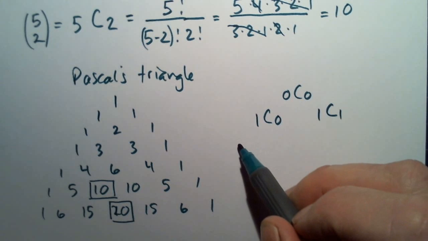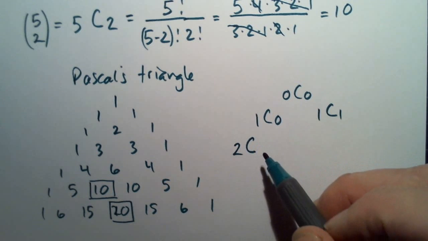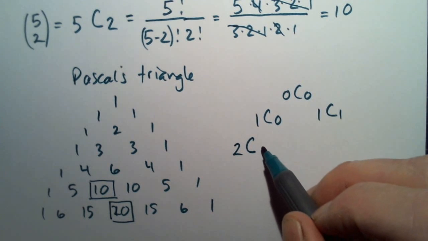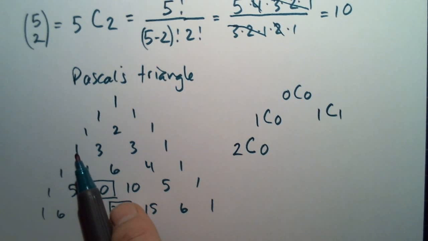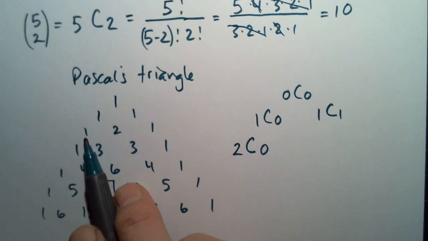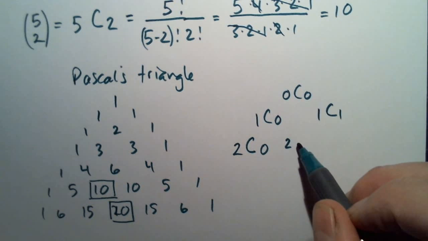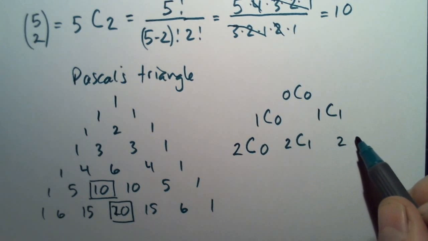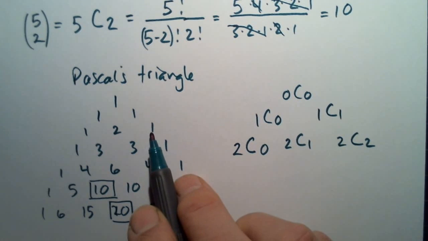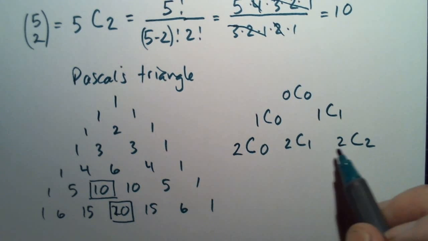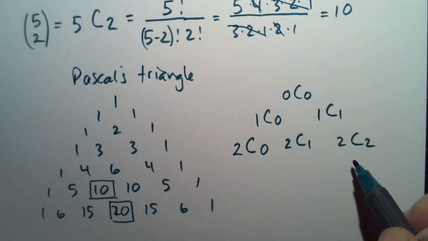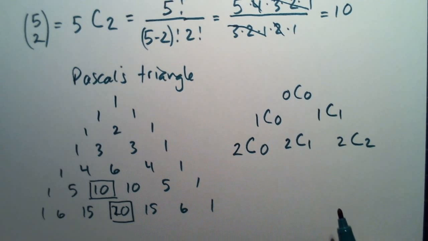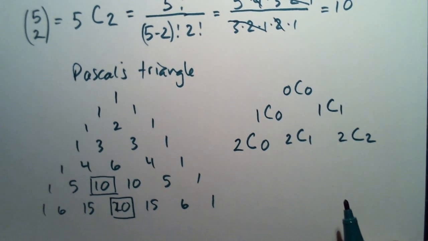Then we'll have 2 choose 0 is 1. 2 choose 1 is 2. 2 choose 2 is 1. And all of these combinations represent each of the elements of Pascal's triangle.